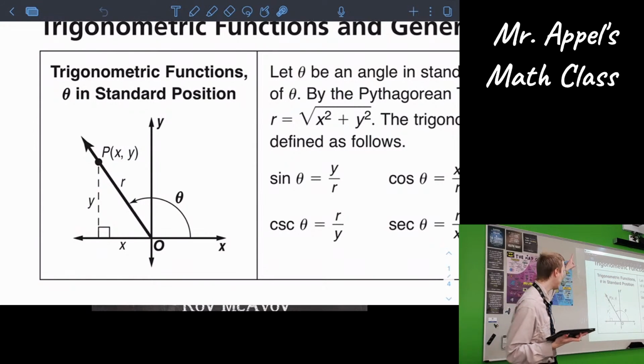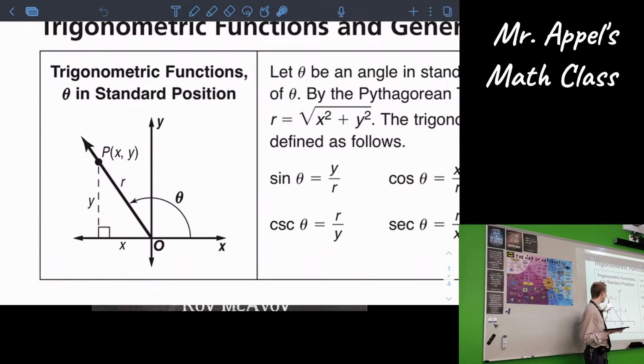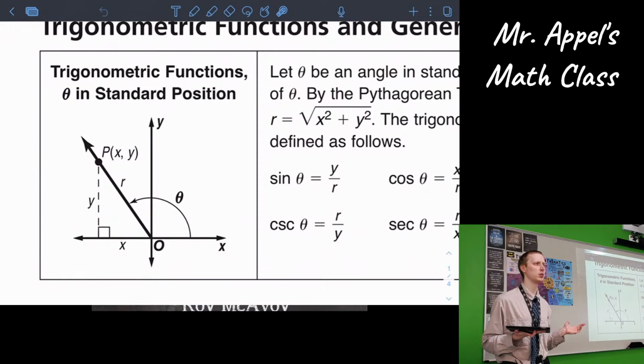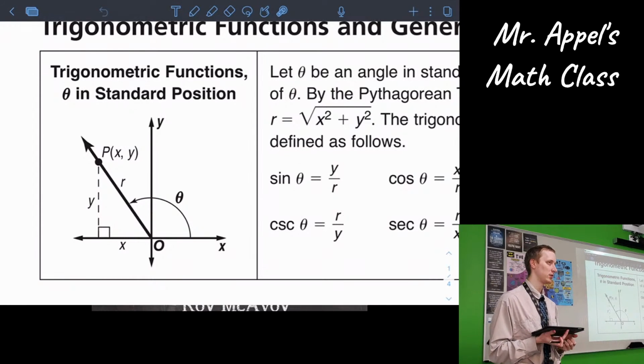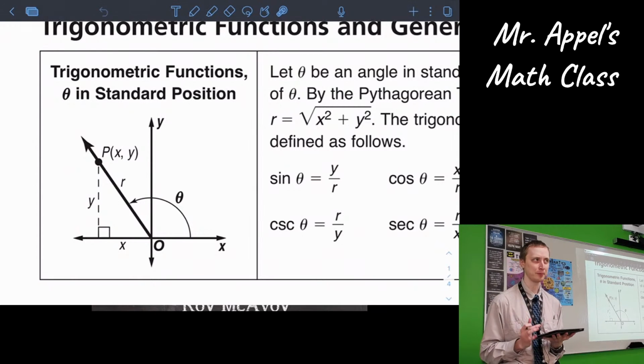We can talk about where this point is in space based on its horizontal and vertical distances from 0, or we can talk about it as a distance r and an angle theta. You go this far out in that direction. That's polar coordinates. So really, this is the conversion between two coordinate systems. Okay? We're not going to worry about that quite yet.